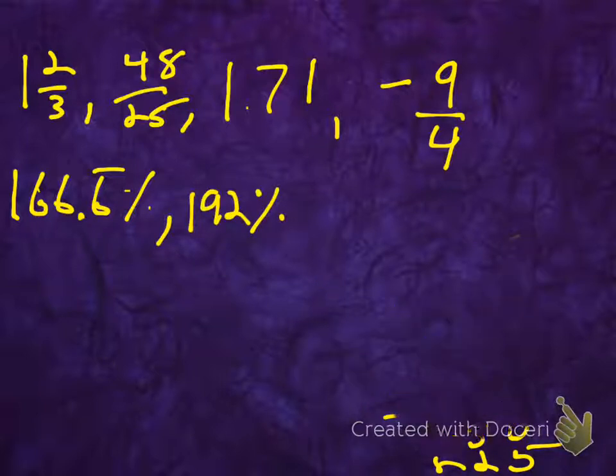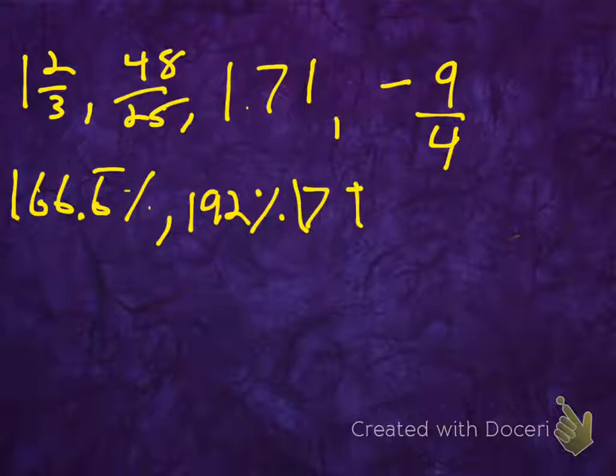Then we have 1.71, which is just 171%. And the last one, I don't even need to change it because it's a negative.